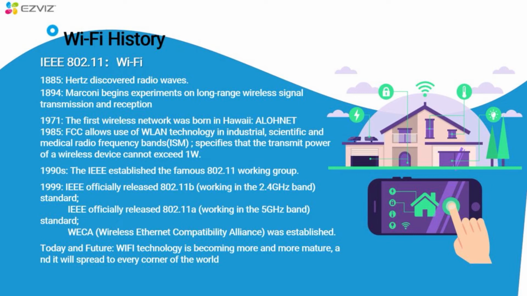And the last thing in 1999 is that the WECA was established. Nowadays, Wi-Fi technology is becoming more and more mature, and it has spread to every corner of the world. So basically, the essence of Wi-Fi is radio waves.